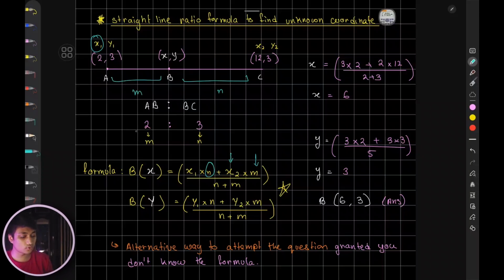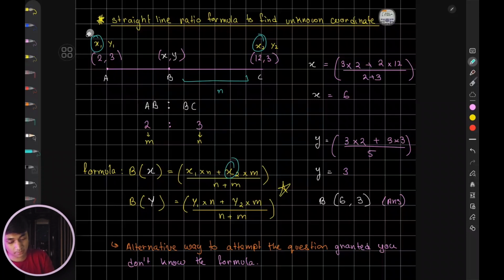Now, when we are going to be working with the values, in this case, 2 and 3, I'm going to directly write 2 and 3. But in this case, I'm expressing the formula, so I'm using m and n. Anyways, endpoint times this ratio, and again, this endpoint x2 times this ratio. Okay.